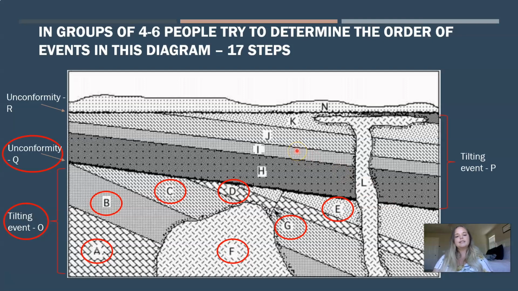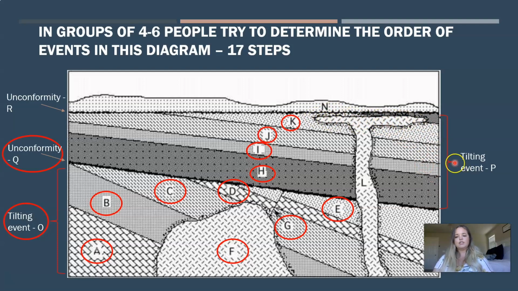And then the next layer we're going to do is going to be starting from the bottom again. So we've already got all of these guys down here. So our next one would be H, and then I, J, K. Now we've already talked about L being through all of these layers. L also doesn't look like it's tilted very much because this is kind of horizontal here.